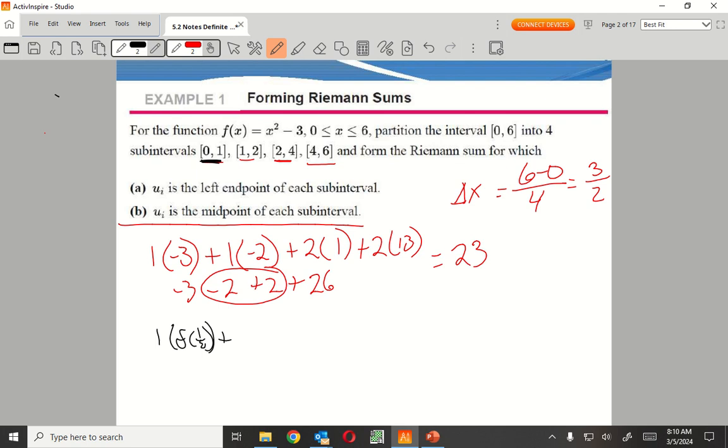Okay, next one, my width is still 1 times, now what's the midpoint in between 2 and 1? 1.5 or 3/2, right? So it's going to be f of 3/2.